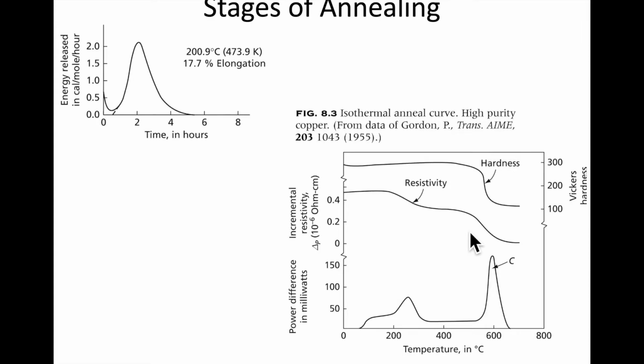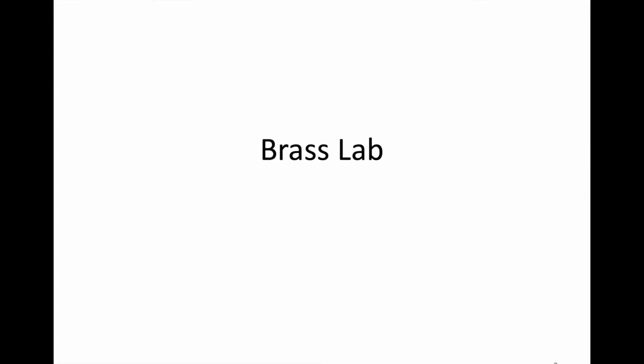All right, now that we've talked about some of the information about the lab reports, let's go over some of the basics of this brass lab. I don't go to an extreme level of detail here. I know you've seen this in at least MSE 201 to some extent, and then potentially a class like metals. So I'm just going to give you the basic overview, and then I've given you some reference material if you need further information about this lab.